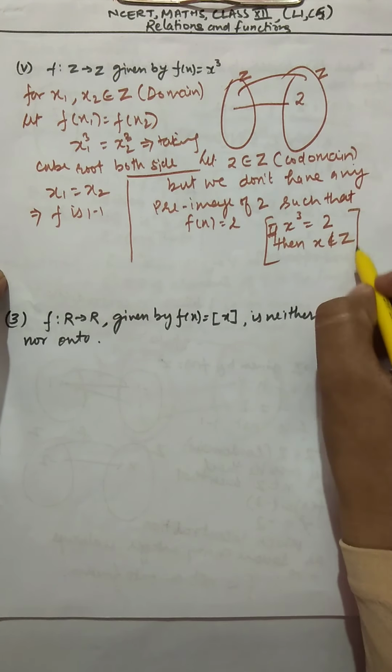Because f(1.1) will be 1 and f(1.2) will be 1, according to the definition of the greatest integer function. But here you can say that 1.1 is not equal to 1.2. So it simply implies that f is not one-one.